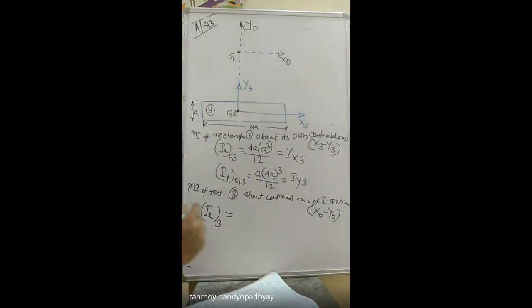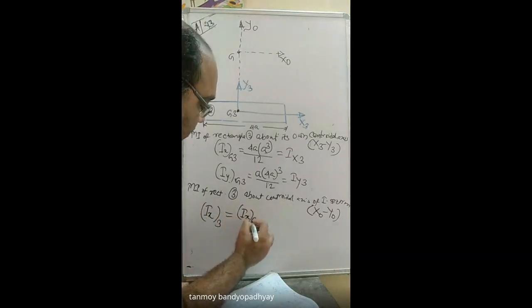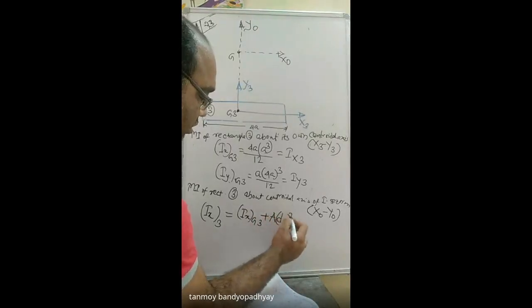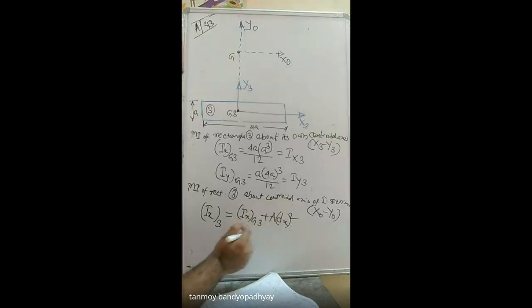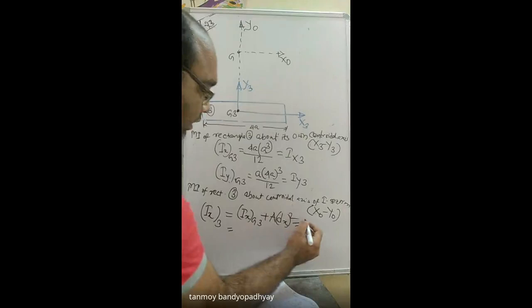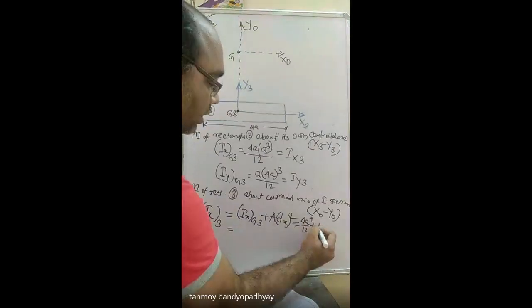So Ix3 will be equal to Ix G3 plus A into dx square. I'm just writing initially. So this will be equal to Ix G3. What is Ix G3? It is 4a to the power 4 by 12 plus the area of this one, 4a into a, so 4a into a into dx.